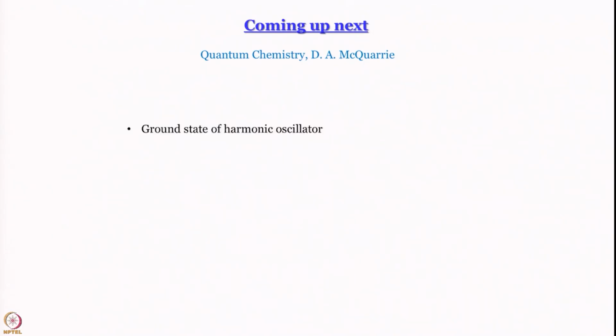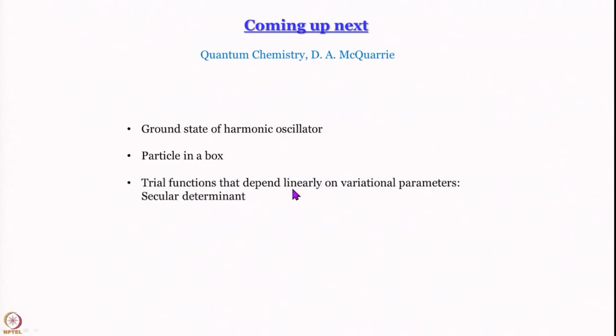What we will do next is that now that we have proved this theorem, we are going to see how we can get an expression for the ground state of the harmonic oscillator, how we can get an expression for the energy levels of a particle in a box using the variation method, and somewhere in the line, maybe before this or after this, we will show that for trial functions that depend linearly on the variational parameter, we get a secular determinant, and the moment we get a secular determinant the solution becomes very simple, right, and that becomes a cornerstone in trying to solve variational problems.